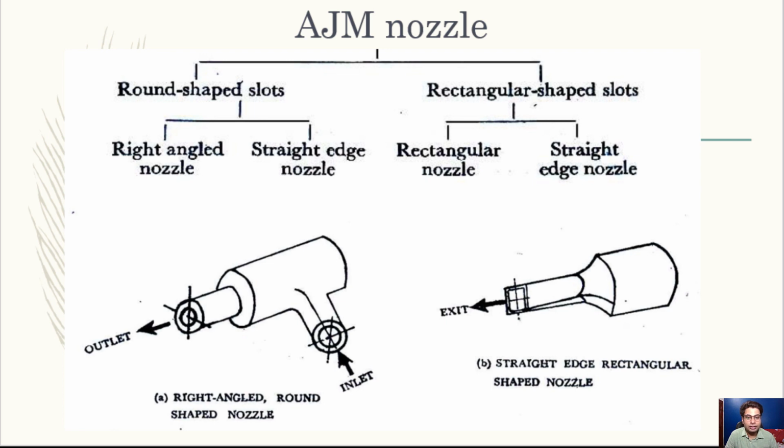The nozzle is made of either circular or rectangular cross section, and the head can be straight or at right angle. It is so designed that loss of pressure due to bends and friction is as minimum as possible.